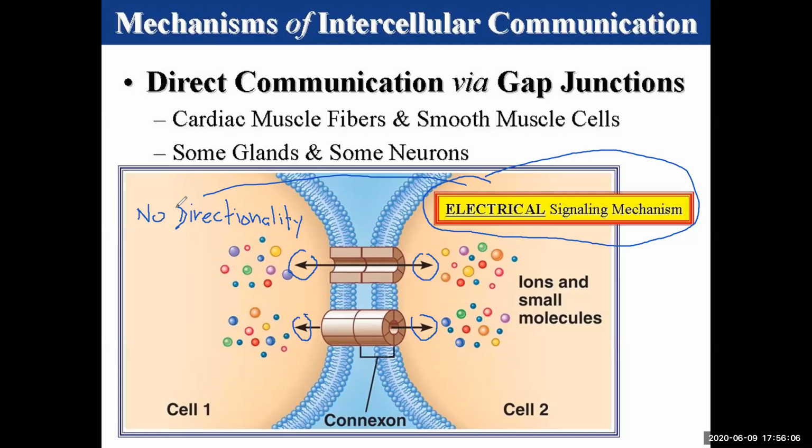So you want to run away from the car. And if you rely on electrical signaling, you might run toward the car, and then you have no control over it. So because of this, the electrical signaling mechanism is a minority among the signaling mechanisms. Most of the signaling mechanisms rely on chemical signaling pathways, on chemical messengers as opposed to electrical signals, because chemical signaling does have directionality.